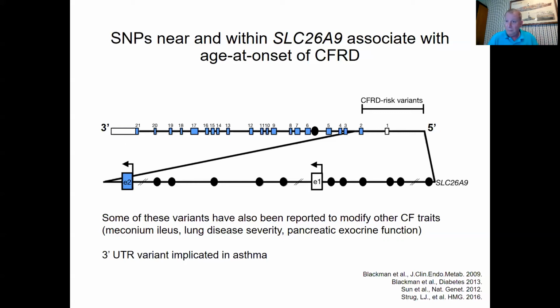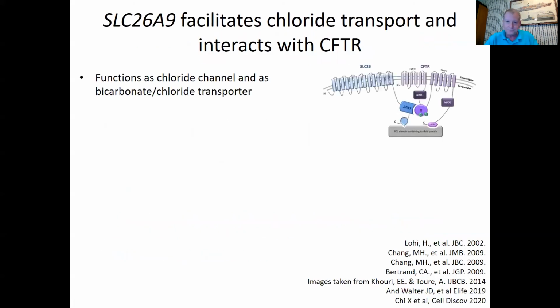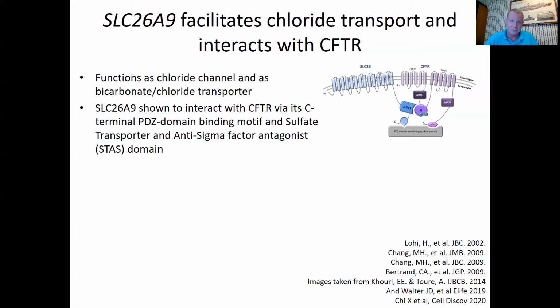So what role is it playing in CF, and what's the protein product doing? So the protein is very interesting as a candidate. Here we show a picture from some years ago that shows an interaction between CFTR and SLC26A9. A9 by itself functions as a chloride channel and reported to act as a bicarbonate and chloride transporter.